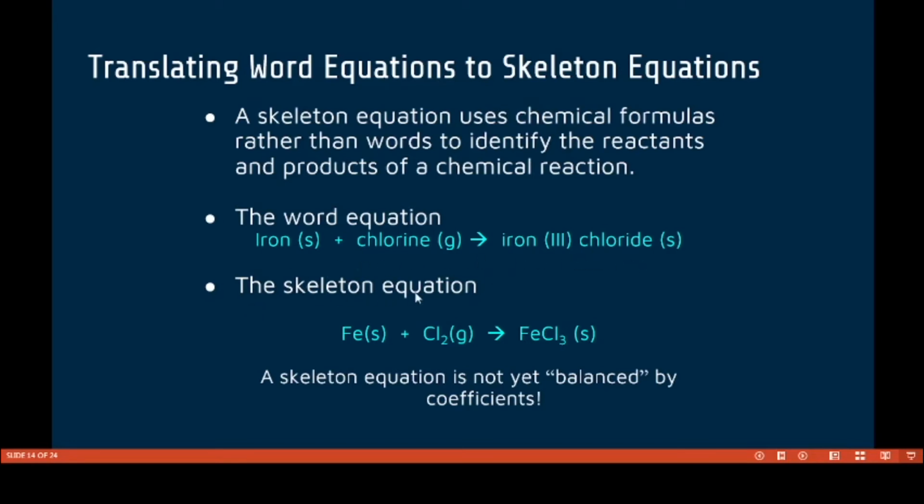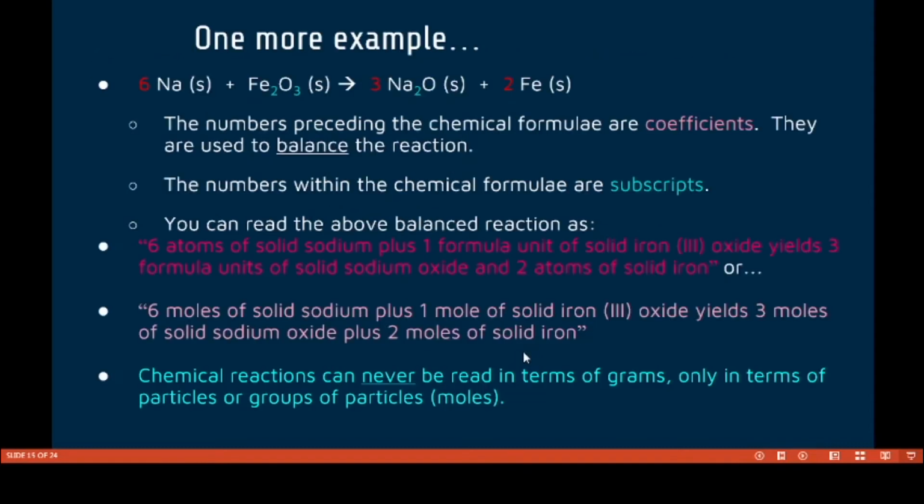I already told you, a skeleton equation means you write the symbols: iron is Fe, from the Latin word ferrum, chlorine is Cl2, and iron(III) chloride is FeCl3. So iron reacts with chlorine and gives iron chloride. A skeleton equation is not yet balanced by coefficients.